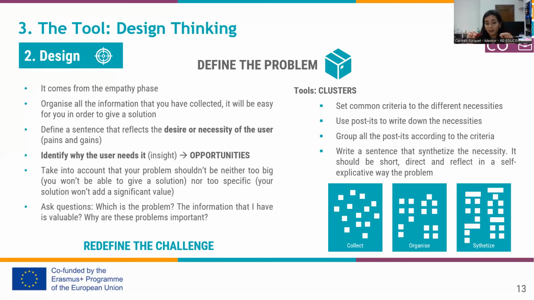Then we have to write a sentence that synthesizes the reality of these groups. We have to find a short, direct and easy sentence that is going to reflect the reality of the group itself. And this is the synthesize phase.